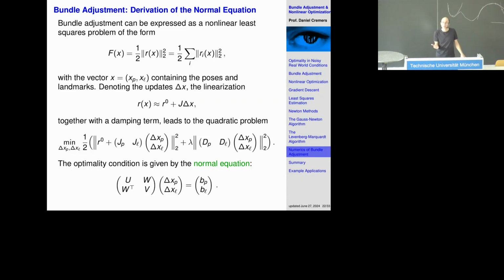So that's 6 parameters for every image. And xl are the so-called landmark parameters. The landmarks are the 3D positions of each point. Right? And so this is a long vector that is 6 times little m, if m is the number of images, and 3 times large n, if n is the number of points.